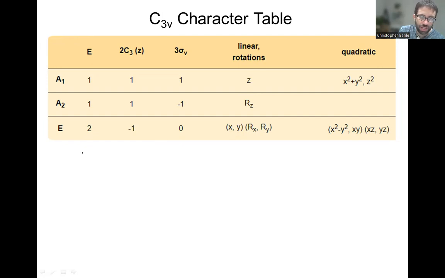So let's consider the ammonia molecule, and I'll sketch one out here just so we have something to look at. If we sketch out this ammonia molecule, and we think about, okay, here's our principal rotation axis.